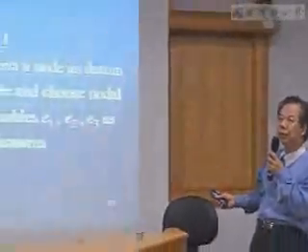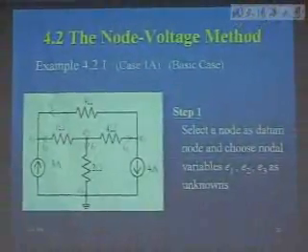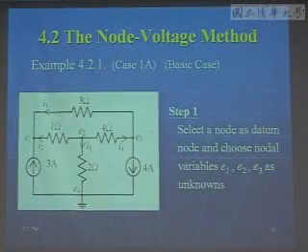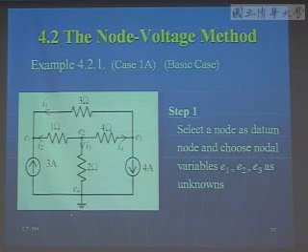So here we choose a node as datum node. 我们首先选择一个 node 一个节点当做一个参考单位。And here we use this symbol to denote grounding. 有的是下面画一个箭头，有不同画法，那我们这画3横这样，表示接地，这一点的 potential 电压是0伏特。So we have 1, 2, 3, 4 nodes, and we choose one of the 4 nodes as the datum node.